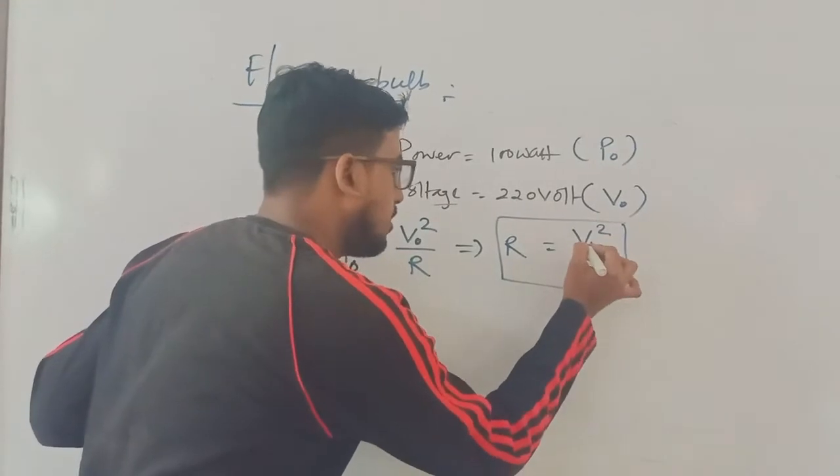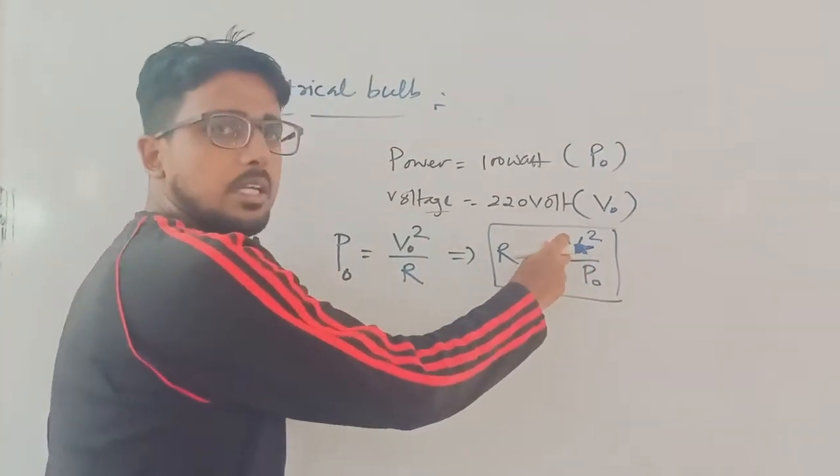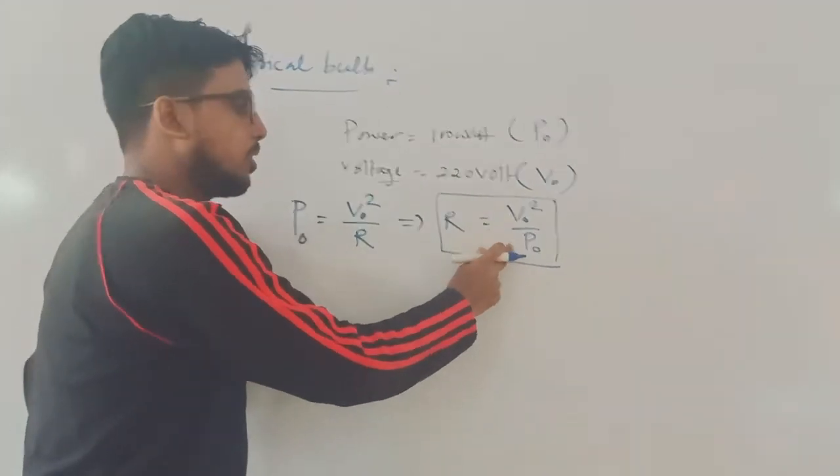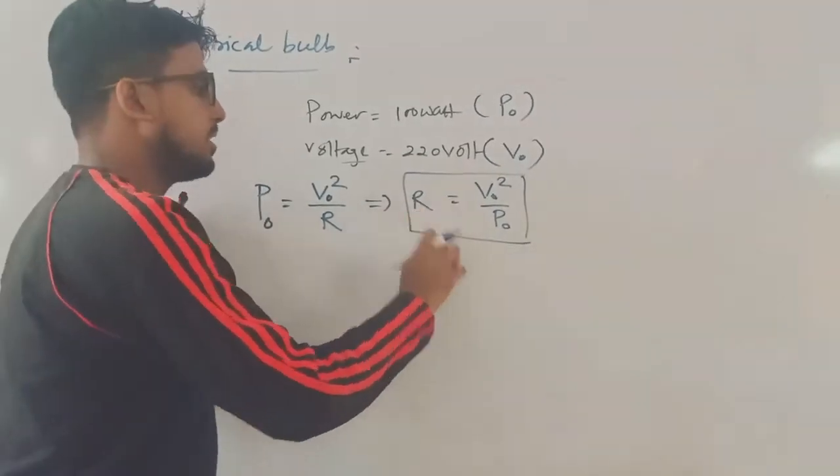So V naught is the voltage rating given by the manufacturer, P naught is the operating power consumption of the electrical bulb, and R is the resistance.